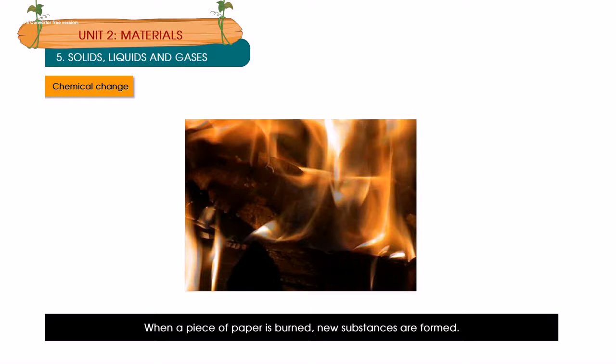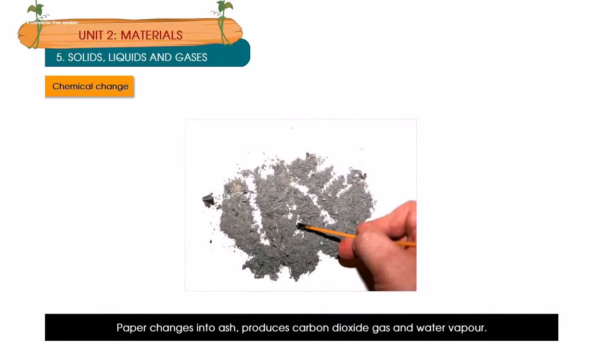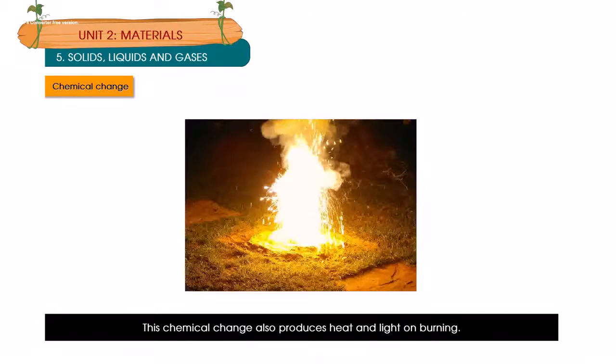When a piece of paper is burned, new substances are formed. Paper changes into ash, and produces carbon dioxide gas and water vapor. This chemical change also produces heat and light on burning. Can we reverse this change?